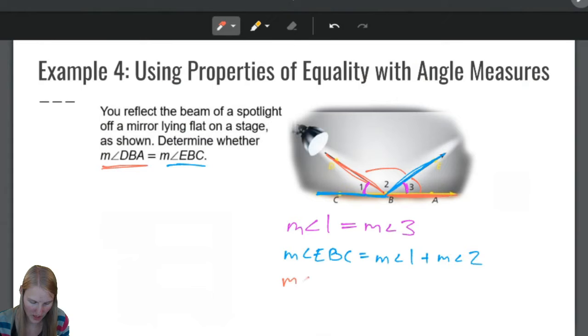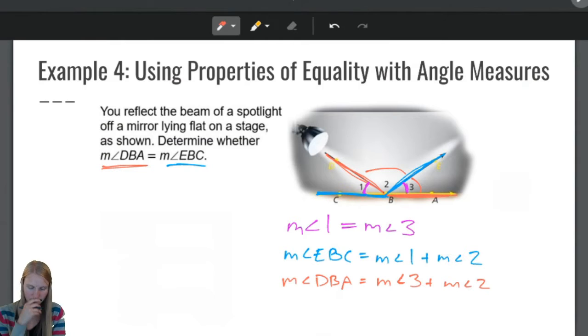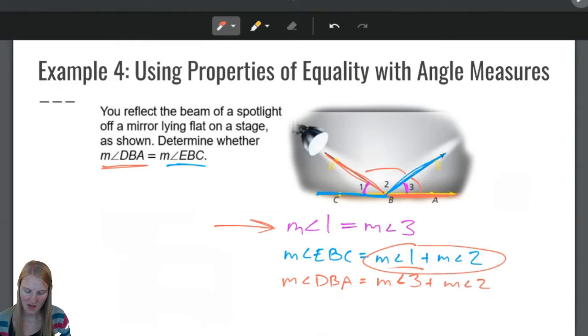So the measure of angle DBA is the measure of angle 3 plus the measure of angle 2. Wait a minute. The measure of angle 1 is the same as the measure of angle 3. So if I have the measure of angle 1 plus the measure of angle 2, that's the exact same thing as the measure of angle 3 plus the measure of angle 2.